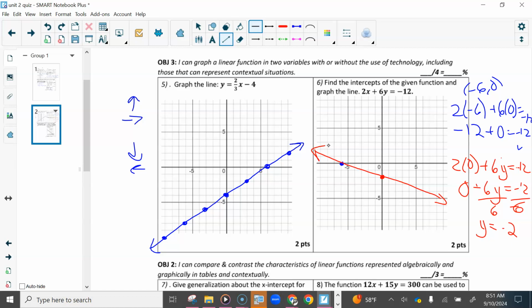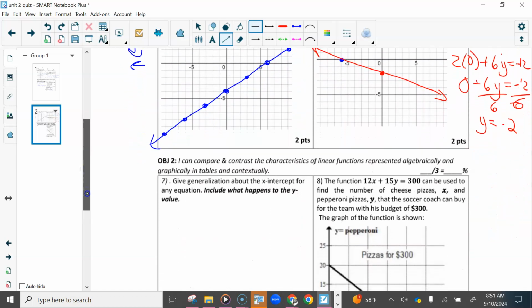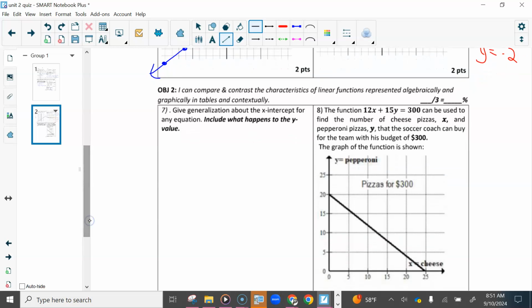And then the last section is more of your context problems, comparing, contrasting from different things, tables, graphs, stuff like that. So for number 7, give a generalization about the x-intercept for any equation, include what happens to the y value. So one of the questions we already did asked about the y-intercept in context, where x had to be 0.